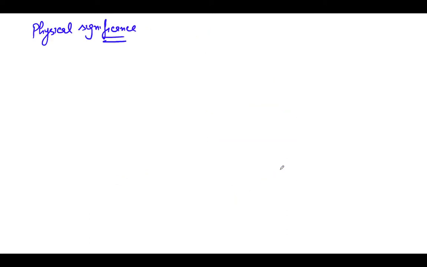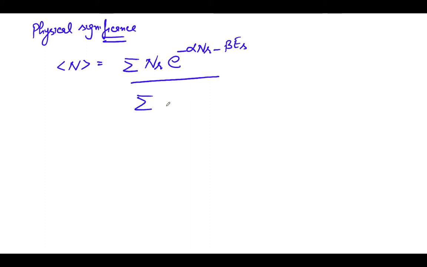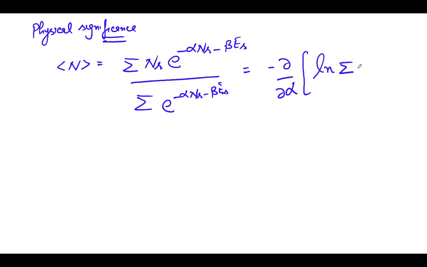We know that the expectation value of n, that is the summation of nr exponential of minus alpha nr minus beta es over the summation of exponential of minus alpha nr minus beta es, we can also write as minus curly d over curly d alpha of log of the summation of this denominator value, exponential of minus alpha nr minus beta es.